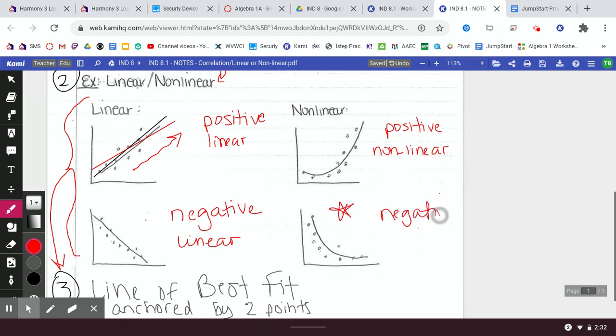Because they're trending downhill. And then you have to ask yourself, is it linear or not? I don't care if with your pencil, if you very lightly do what this person did, which is kind of put the curve in there to really show in your head that there's a curve, which means it's non-linear. But you're not actually going to draw a line of best fit like you are going to if it's linear. Okay?